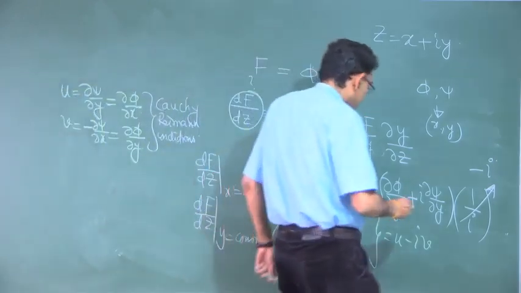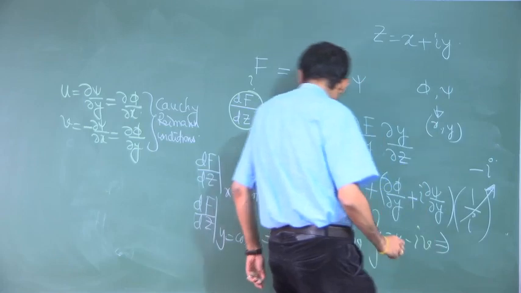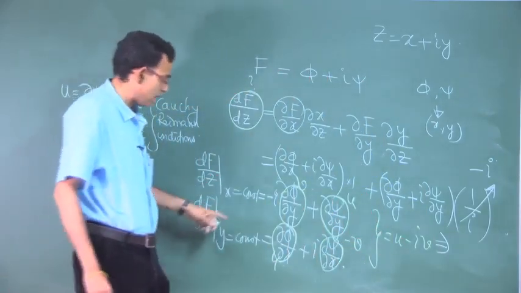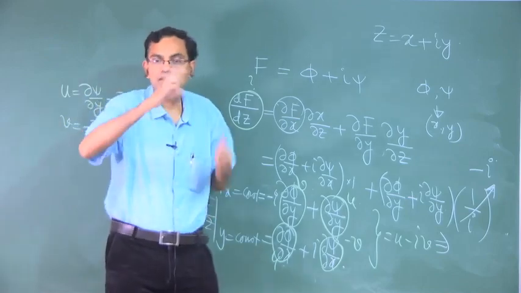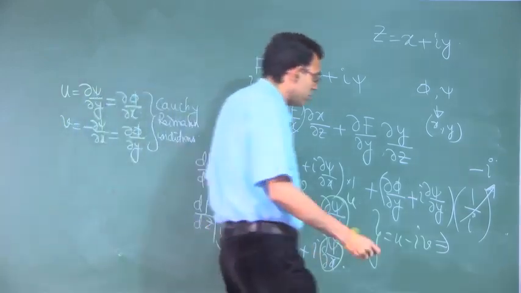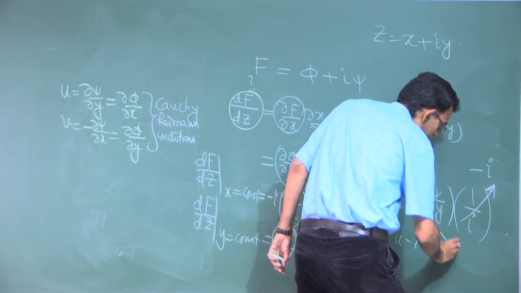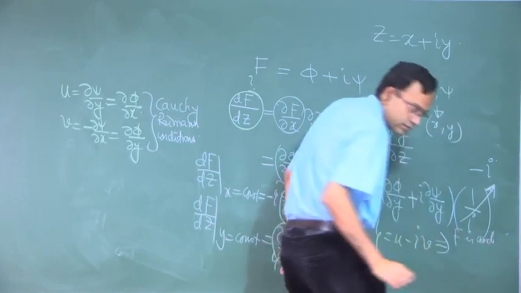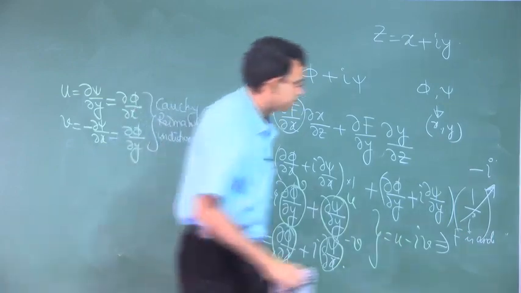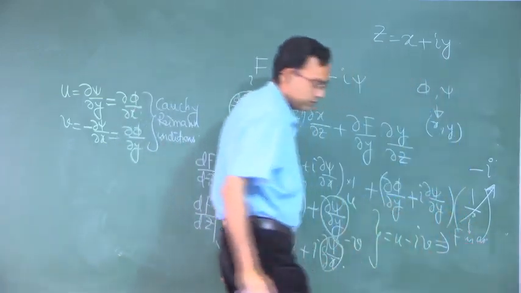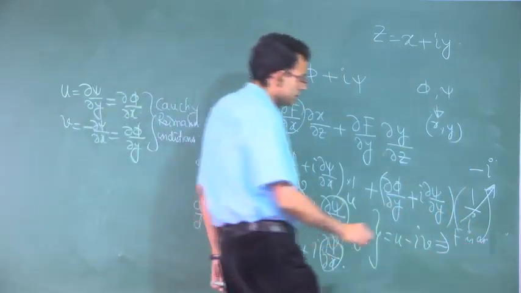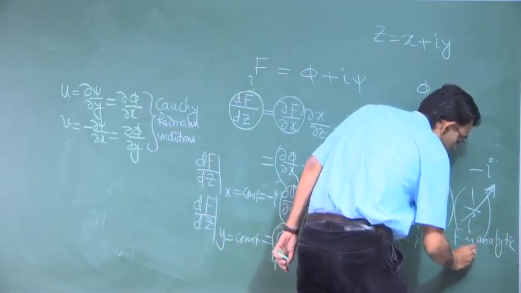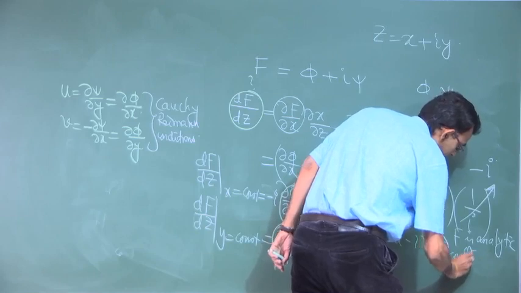So, this implies that because the df dz is same along x equal to constant and y equal to constant, which are two representative and orthogonal directions, we can say that f is analytic or complex differentiable.